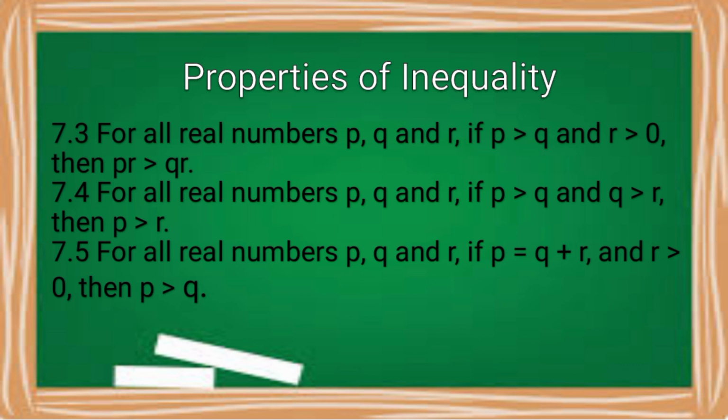For all real numbers P, Q, and R, if P is greater than Q and Q is greater than R, then P is greater than R. Then for all real numbers P, Q, and R, if P is equal to Q plus R and R is greater than 0, then P is greater than Q.